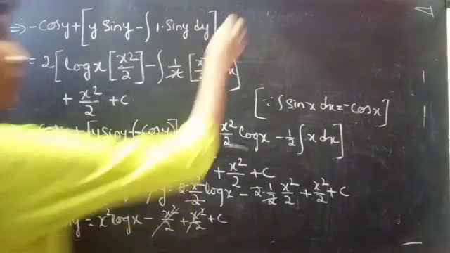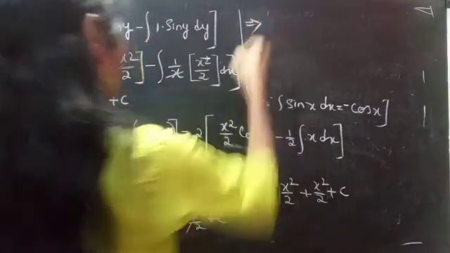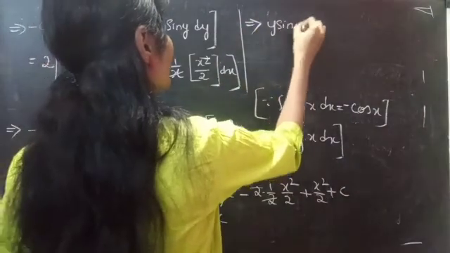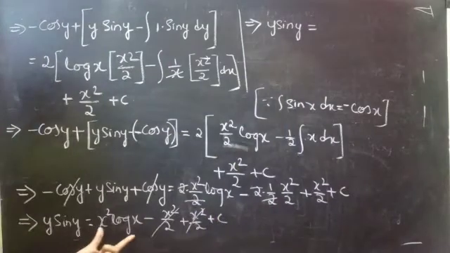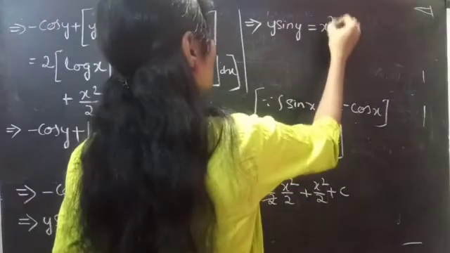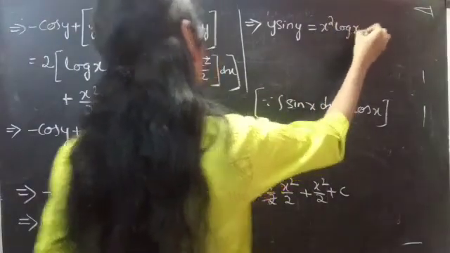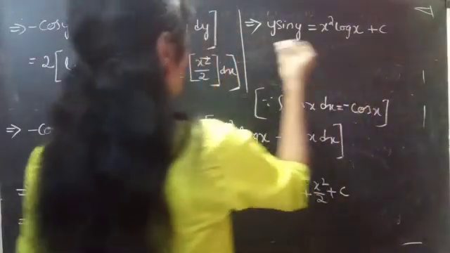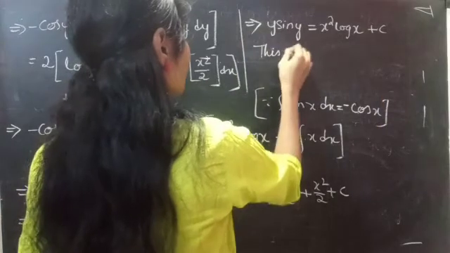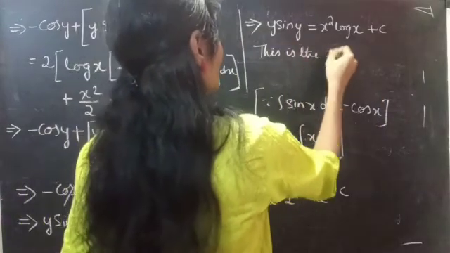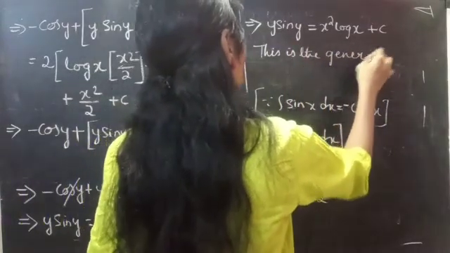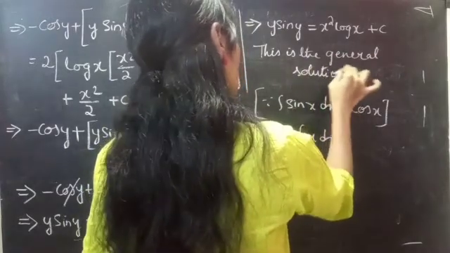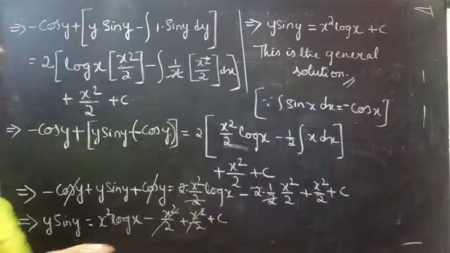So this implies y sin y equals to x square log x plus c. So this is our solution. This is a general solution for the given differential equation. So this completes the problem.